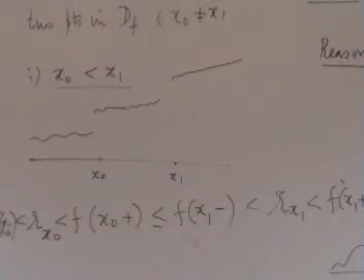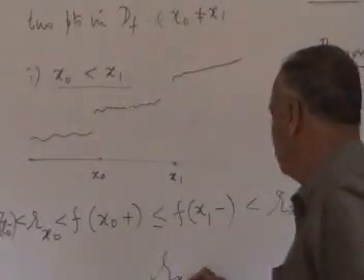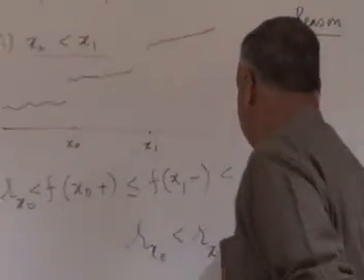That's the string we will get. So therefore Rx naught will be strictly less than Rx1.